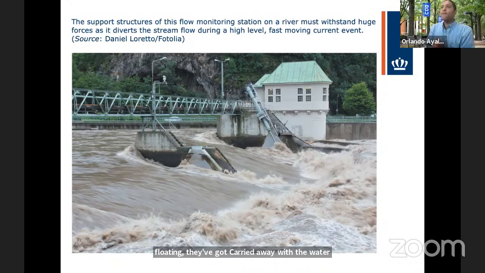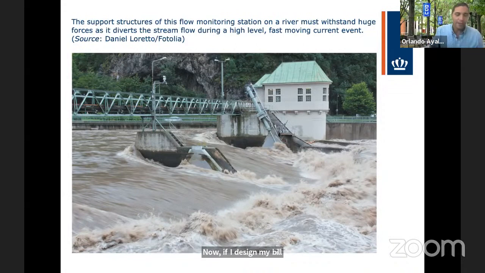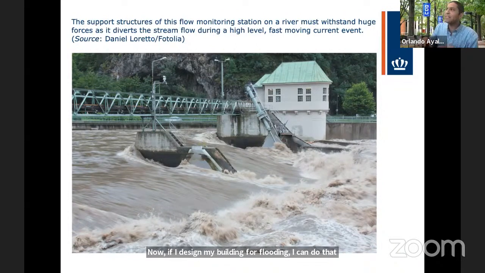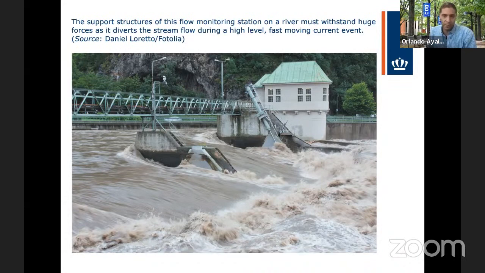Now, I could design my building for flooding, but I'd be designing a building for something that could happen once every 50 years. That doesn't make sense economically. It's a disaster, I know, but as engineers we don't design a building for something that occurs once in 50 years.